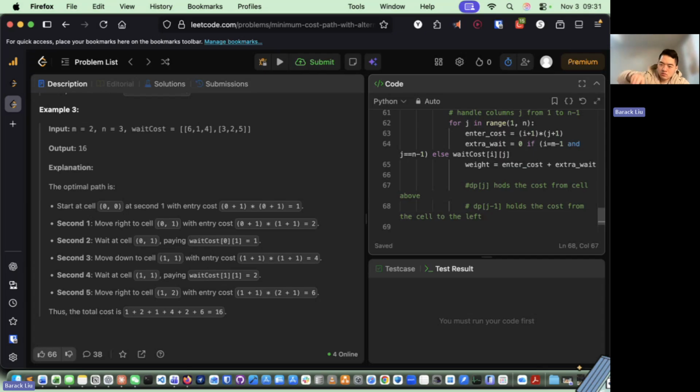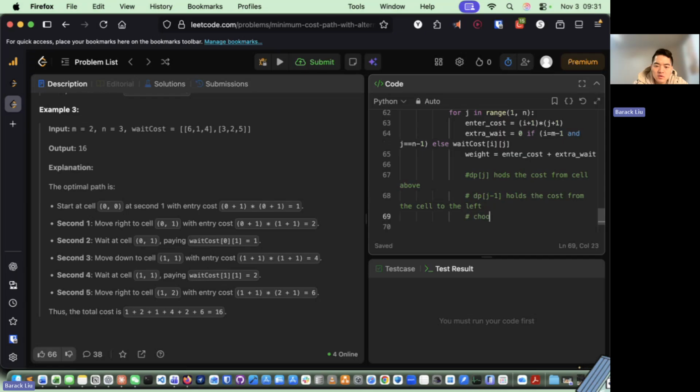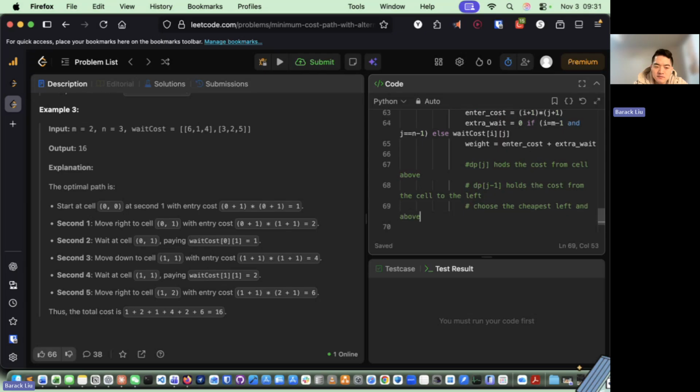Right? And then we need to choose the cheapest, left and above, and add the current weight.